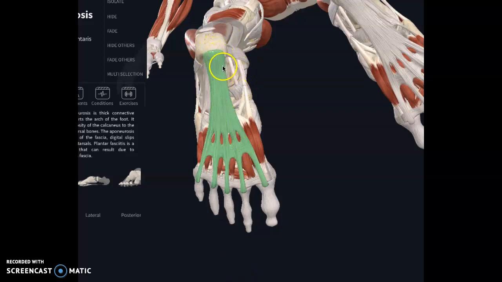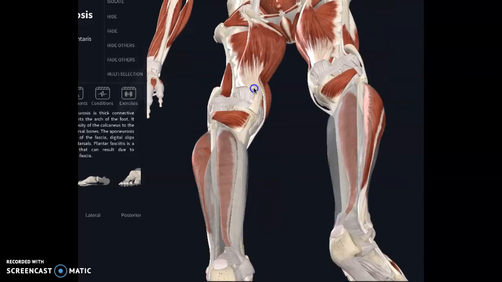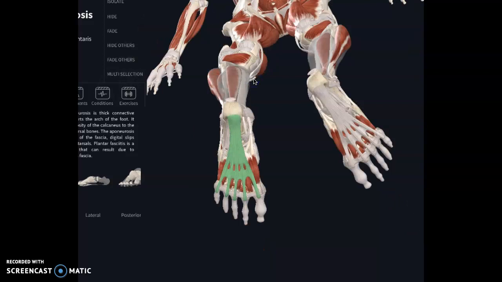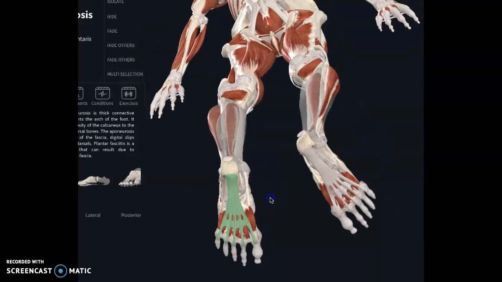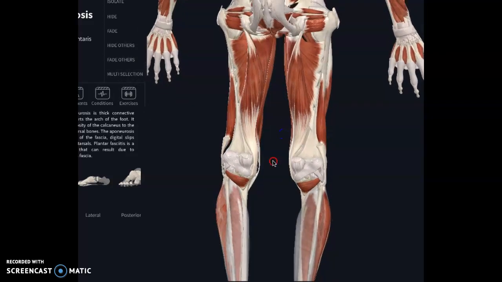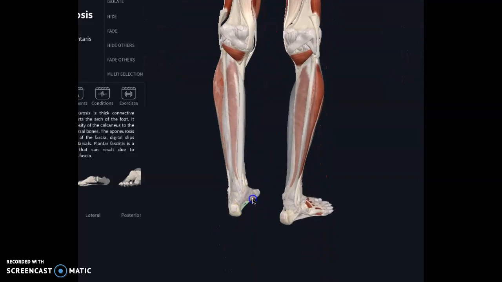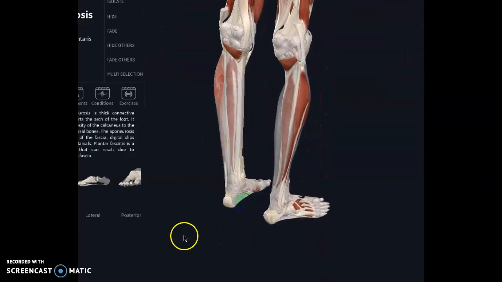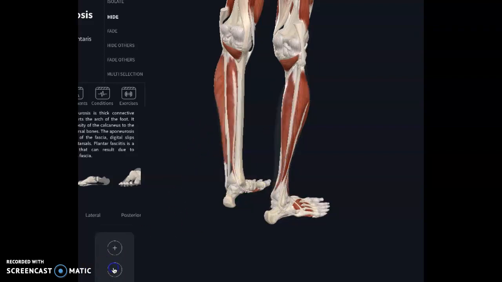Now, when you push off in a running form and you push off through your big toe, what happens is, sorry, let me zoom out a little bit. This is looking all kinds of crazy. So your posterior tibialis, if you've heard of people getting shin splints, let's take off this muscle casing.